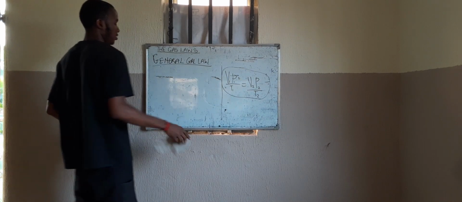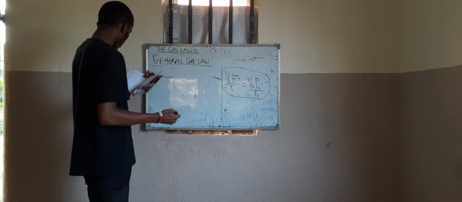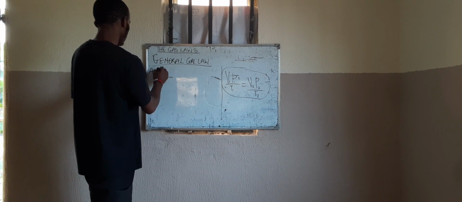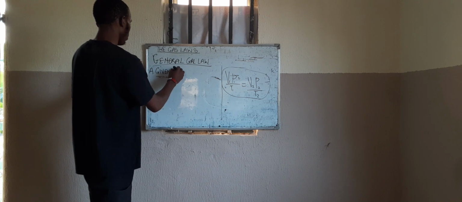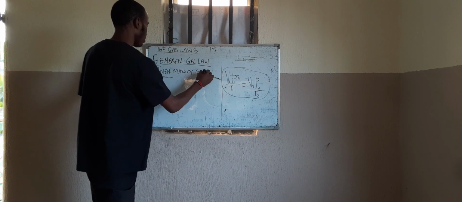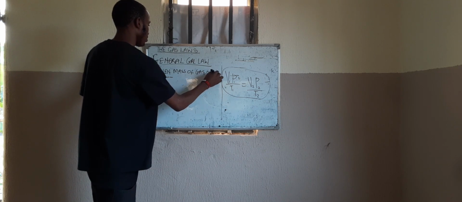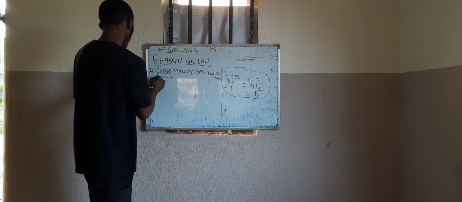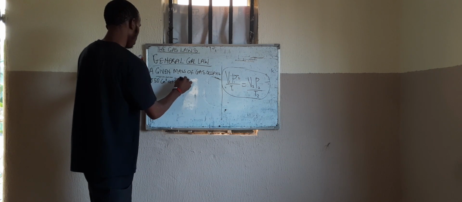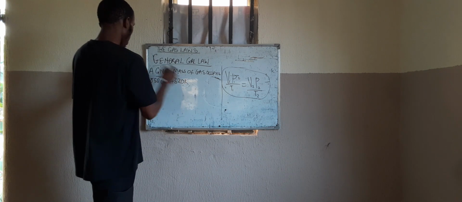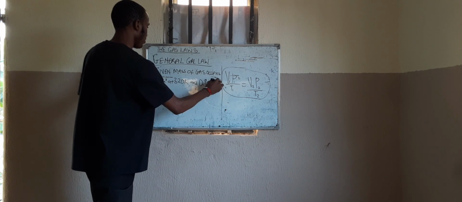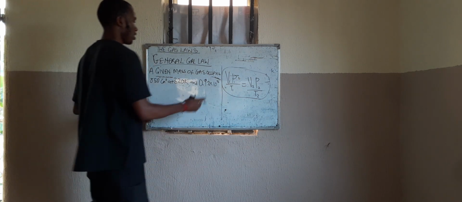Let's look at the question under this. A given mass of gas occupies 850 cm3 at 320 K and 0.92 times 10 raised to the power 5 N/m².